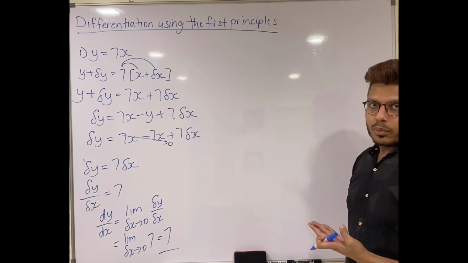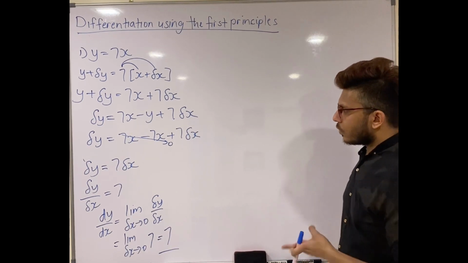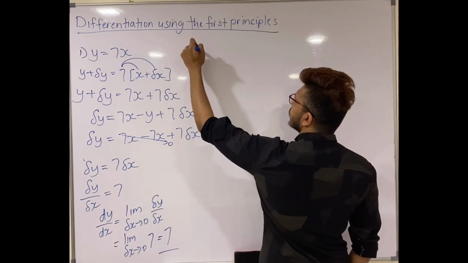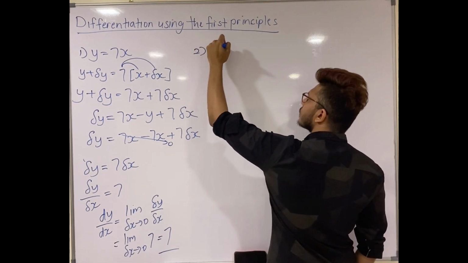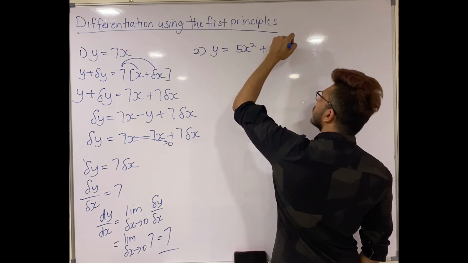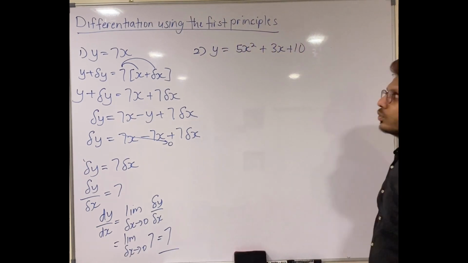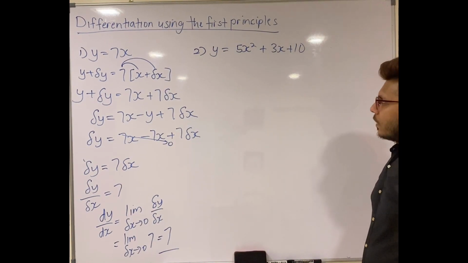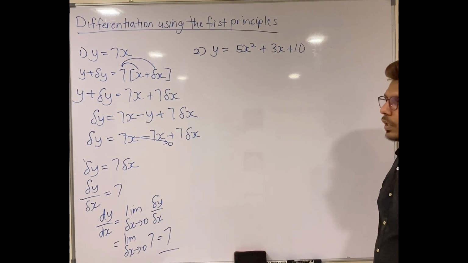Now let me give you another question, probably a bit more complicated than this. Number 2. Now, how are we going to use the first principle for this? It's the same concept, okay? So don't panic.